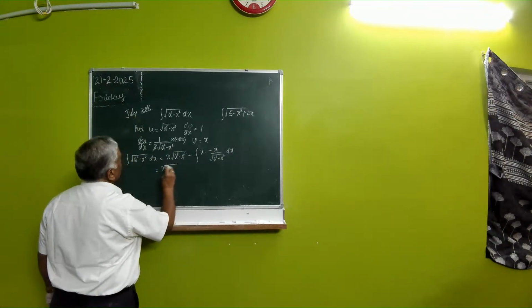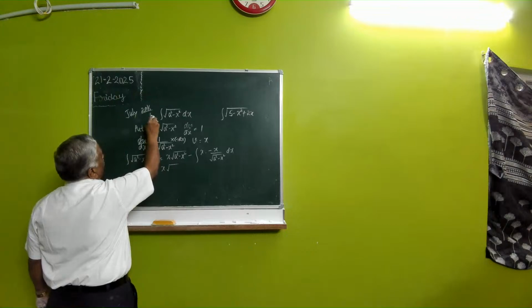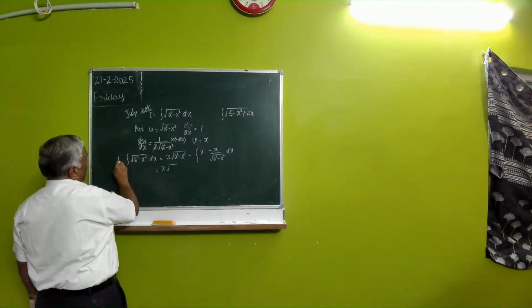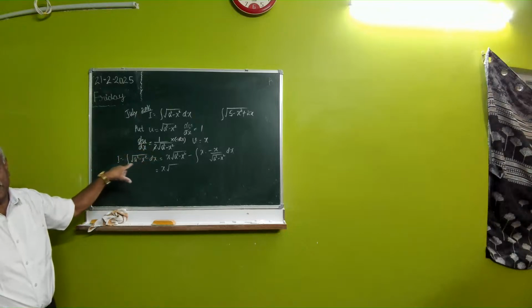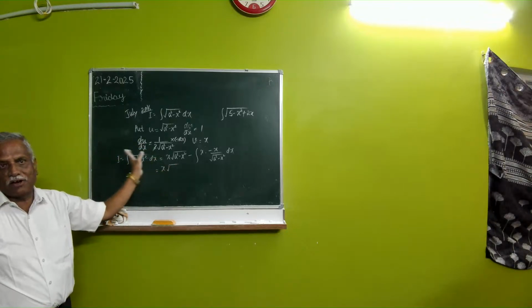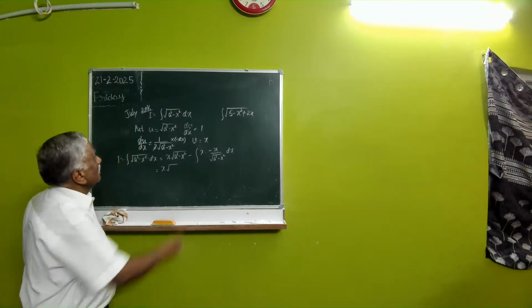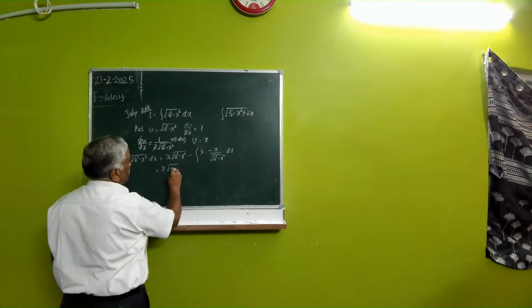One more thing, you call the given problem I, because we have worked a similar problem, a square plus x square. So we will get one more I, we are going to shift it. So you call the given problem I.